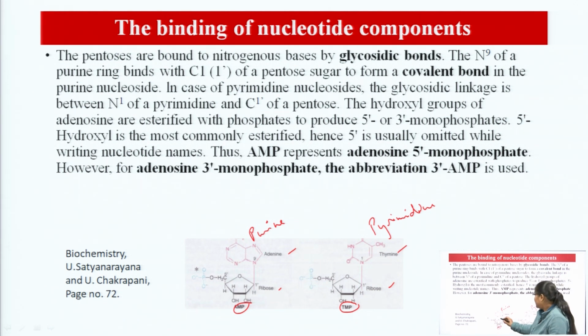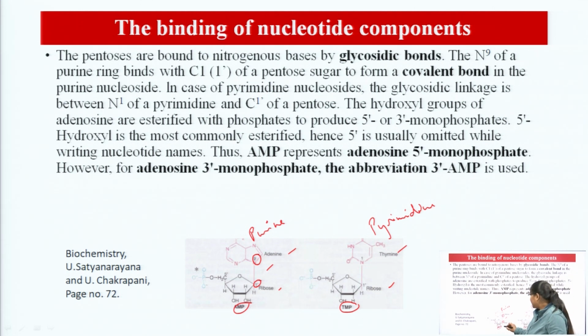When the ribose sugar is combined with the nitrogenous base, that means C1 with N9, there will be a glycosidic linkage. Then C1 reacts with N1. We are talking about DNA here; that can be DNA also, that can be RNA also, because AMP is common in both.